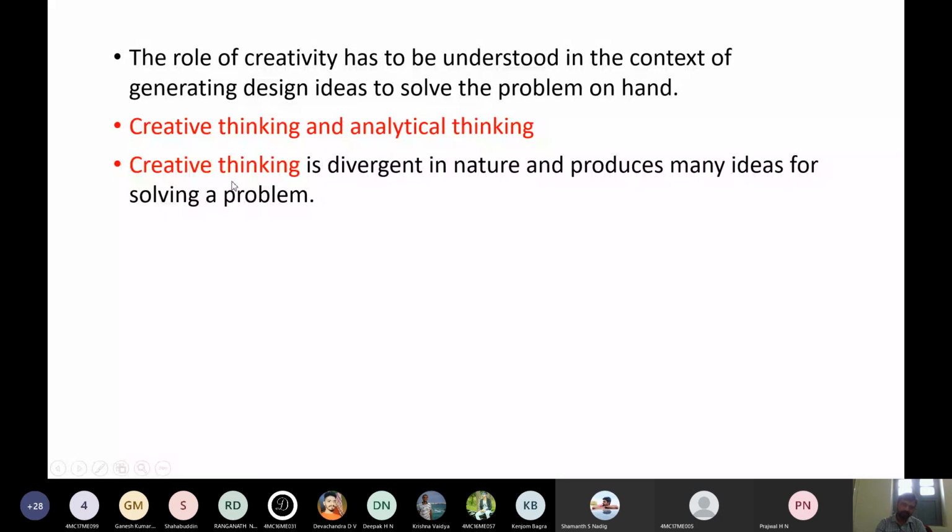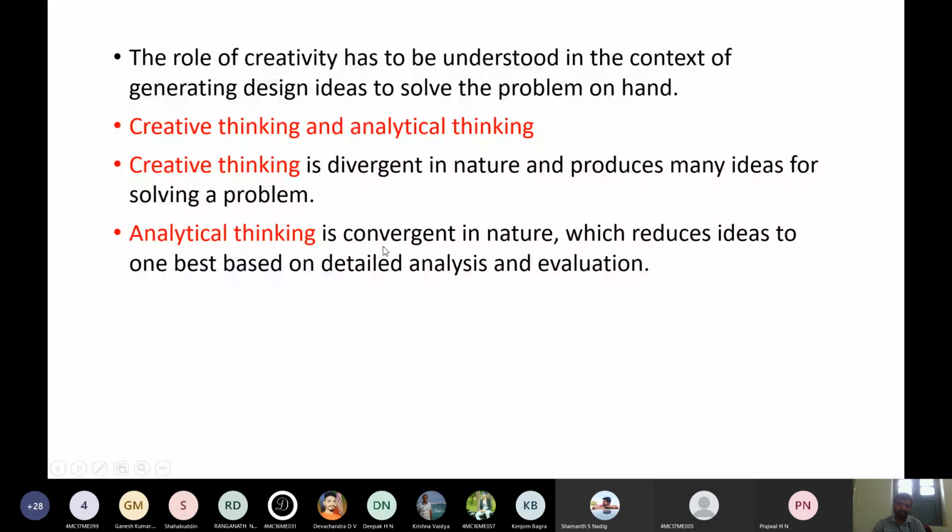Creative thinking is divergent in nature and produces many ideas for solving a problem, whereas analytical thinking is convergent in nature, which reduces ideas to one based on detailed analysis and evaluation.